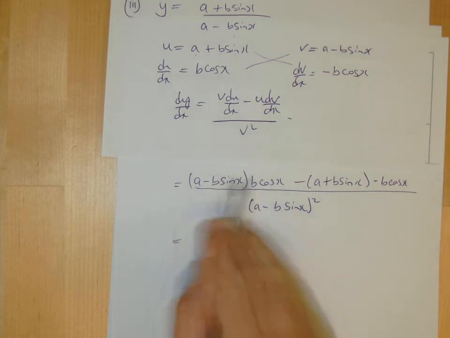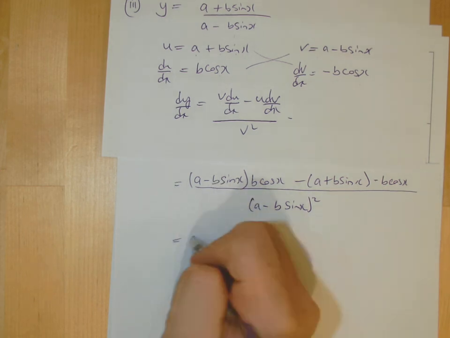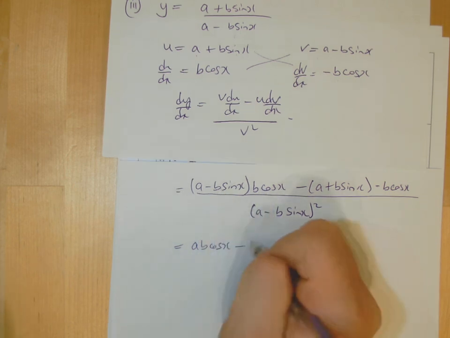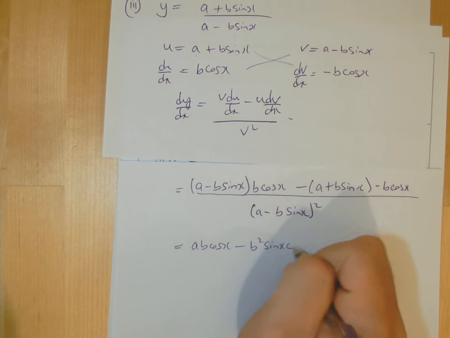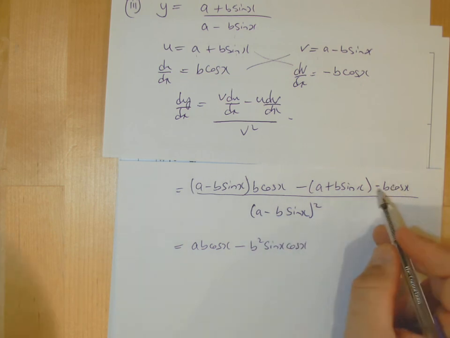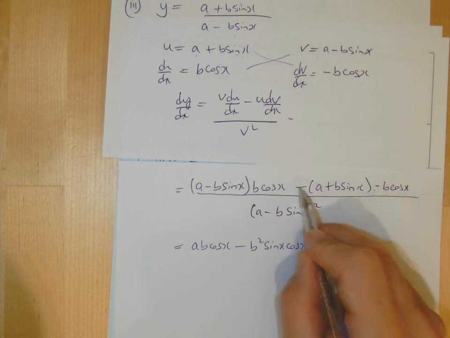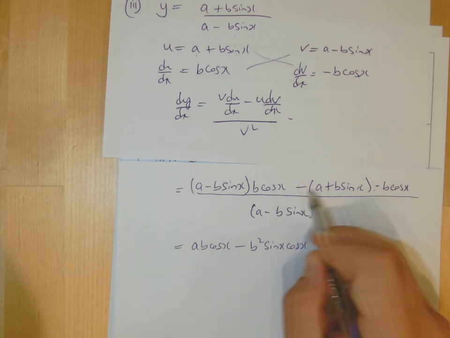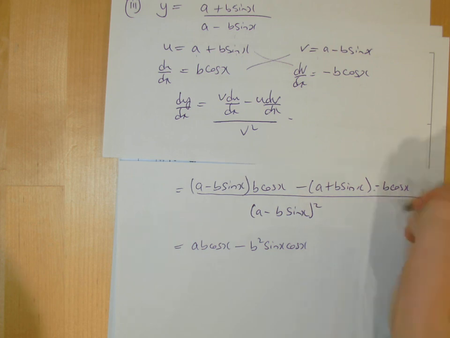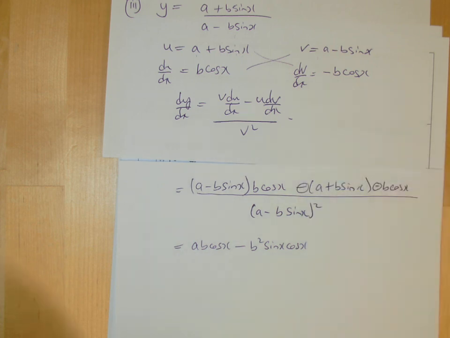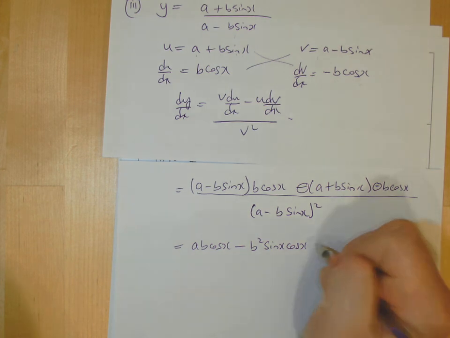So multiply through that first bracket by b cos x, that'll be ab cos x. Here then b sine x, b cos x, so that'll be minus b squared sine x cos x. Okay, onto this bracket then, now you times in by minus b cos x, there's already a minus there, so there's a minus out here and there's a minus here, so we could actually eliminate those minuses, because 2 minuses make a plus, so we'd end up having pluses here now.